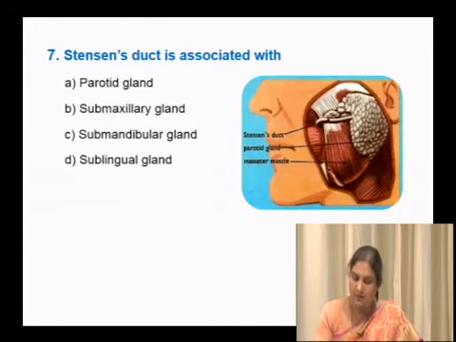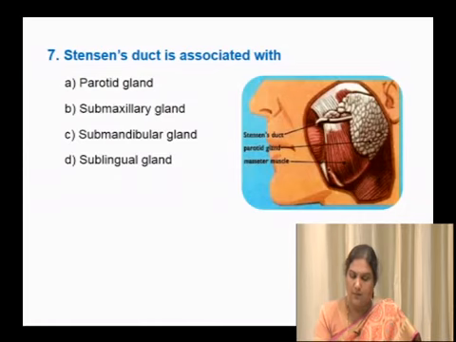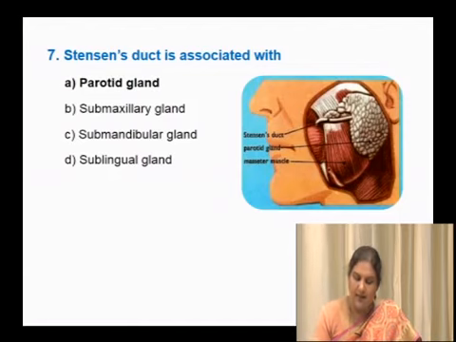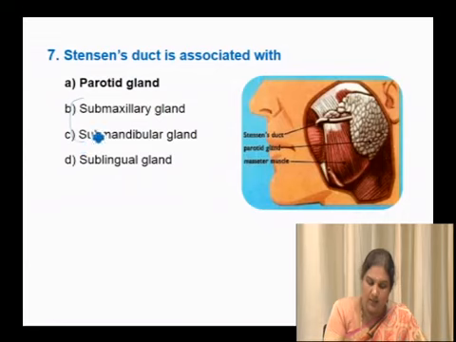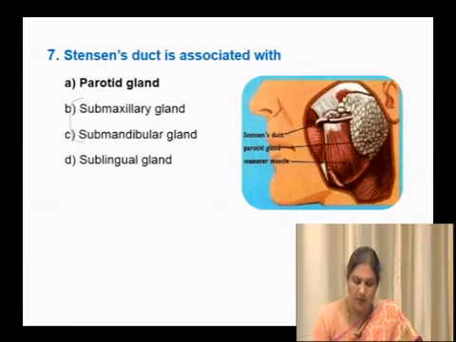The duct associated with the parotid gland is Stenson's duct, wherein the duct of Rivinus and Watson's duct carry the saliva from the submaxillary and sublingual gland. See, we have 2 names here, submaxillary and submandibular. Both are used synonymously.